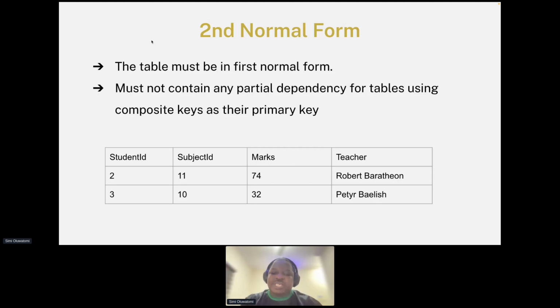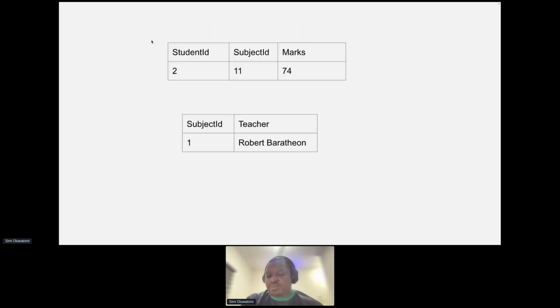So what this means is that teacher is not supposed to be in this column. Why? Because the teacher teaches a subject. Where should it be? It should be on the subject table, such that we can get the teacher of a subject just using the relationship. So this makes the data be in the second normal form.